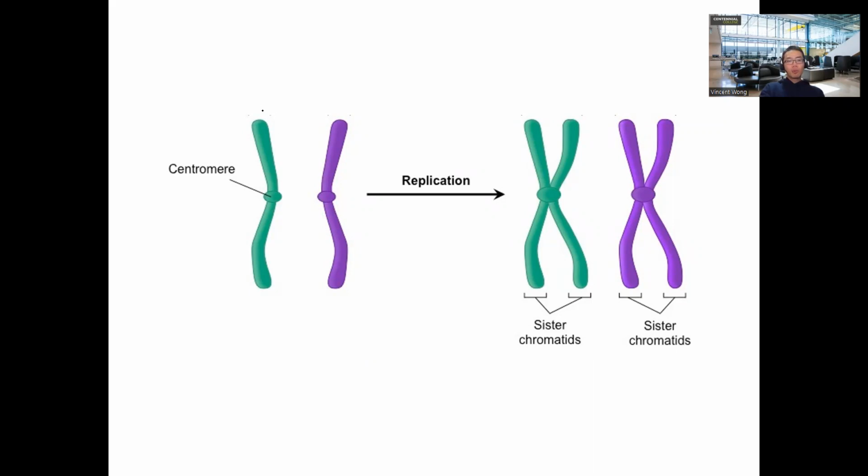So for these chromosomes, one of them is from mom and one of them is from dad, and we have a name for them. These are called homologous chromosomes. We will have a more precise definition later on, but right now just think of homologous chromosomes as the same length and size.